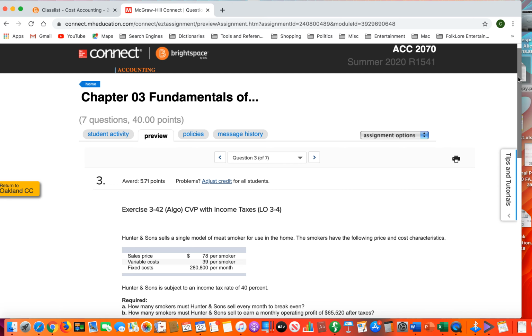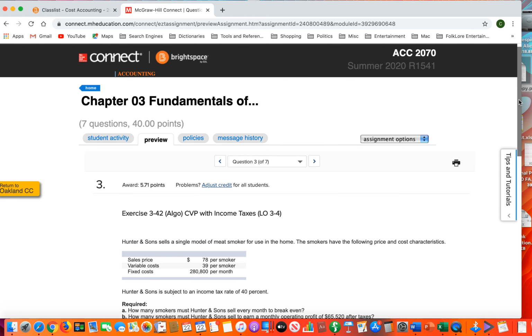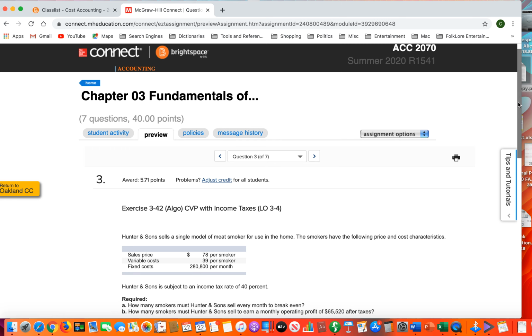But since they gave us the tax rate and they're saying that this is what they want to make after taxes, then the formula is fixed cost plus, in parentheses, the after-tax profit you want to make divided by 1 minus the tax rate.